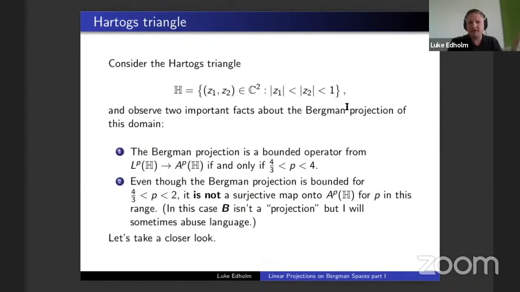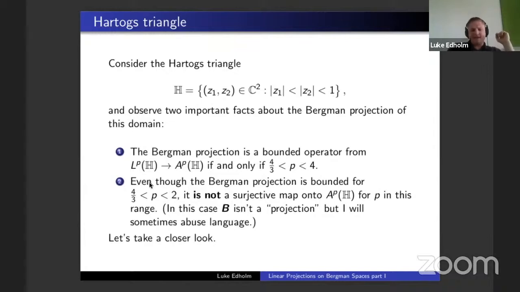So, of course, this is the Hartogs triangle. I'm pretty sure everyone in the audience has seen this by now. Let's highlight two important facts. The first one, everybody in this meeting will know: the Bergman projection is bounded from LP to AP if and only if P is in this range.